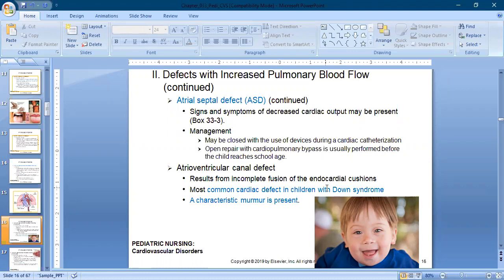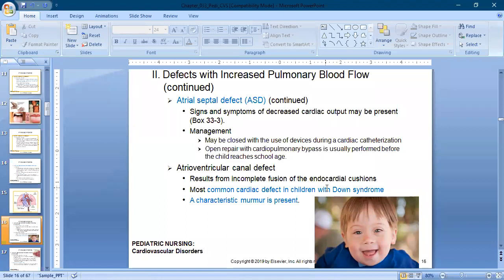So the baby who is born with Down syndrome has a chance of developing congenital heart disease, especially atrioventricular canal defect.